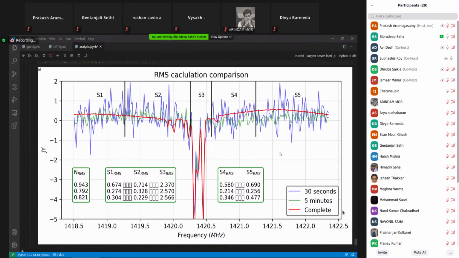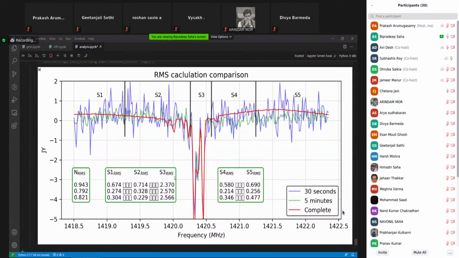We saw that the purple one, the 30 seconds, has more variation about the mean, so we thought it would have more RMS compared to the green one, which showed variation about the mean value only. And then for the entire data, it again increased.